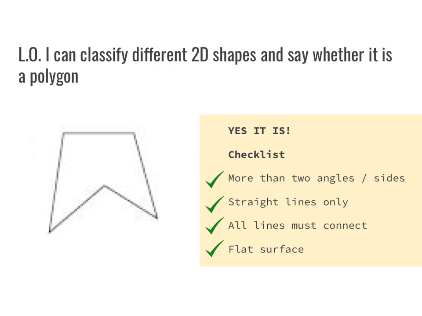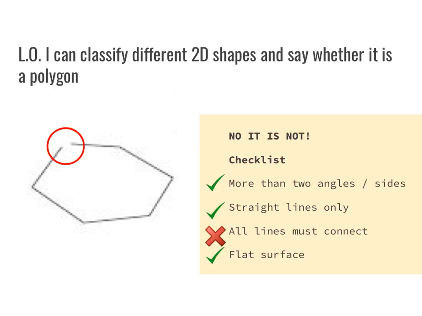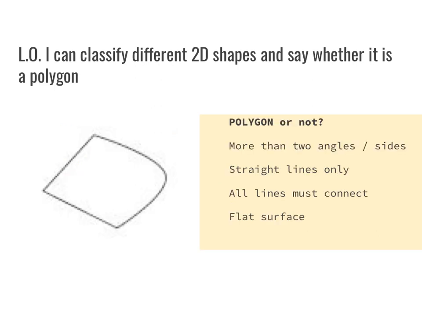This is a polygon. What about this? Nope, it's not. Because all the lines are not connected. Therefore, this is not a polygon.